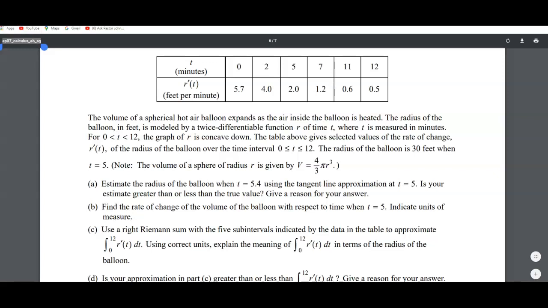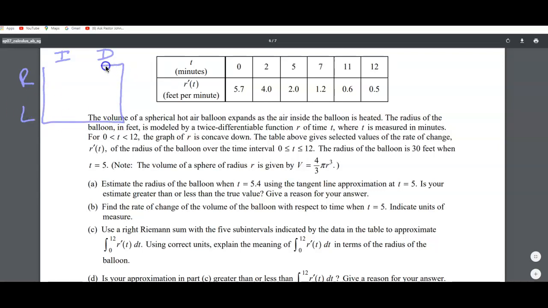I gave you guys a chart earlier in this chapter. Whether your function is increasing or decreasing has to be considered, and something else to consider is whether you're doing a right-hand sum or a left-hand sum.